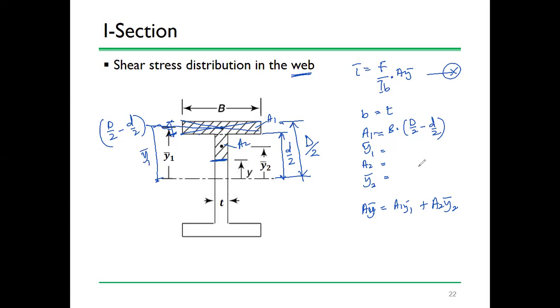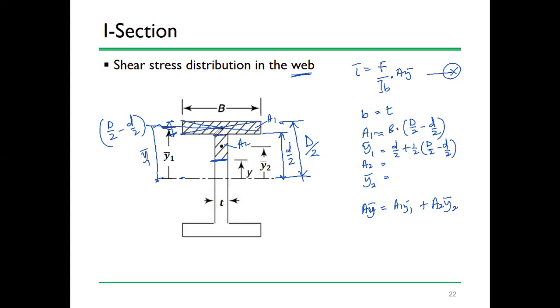Okay? So I'm saying that we know from the neutral axis here to the bottom part here, that one will be small d over 2. And then this thickness here, we have estimated it to be what? Capital D over 2 minus small d over 2. So half of that, D over 2 minus small d over 2, over 2.